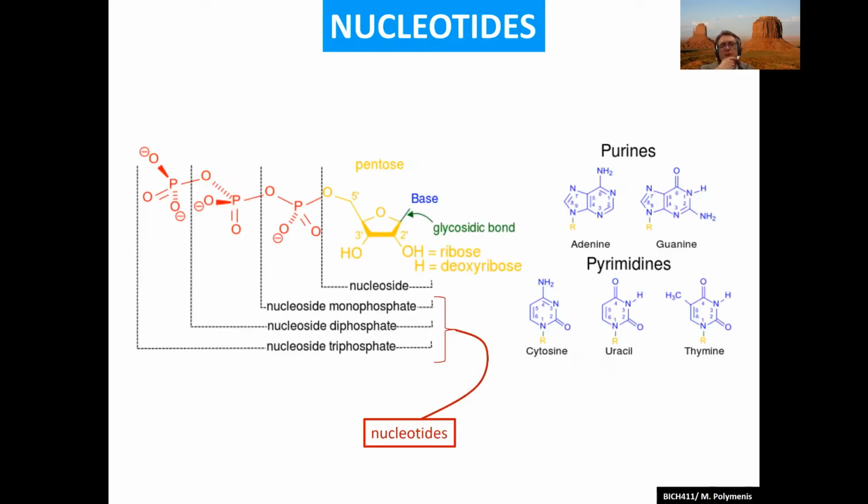Just to remind everyone what we're talking about. All these things that we're talking about, the purines and pyrimidines, they are this base, the blue thing that's attached through a glycosidic bond to a pentose ring. And the 2-position has a hydroxyl in the ribonucleotides, so the ones that make into RNA, let's say. But in DNA, this is reduced. Okay.